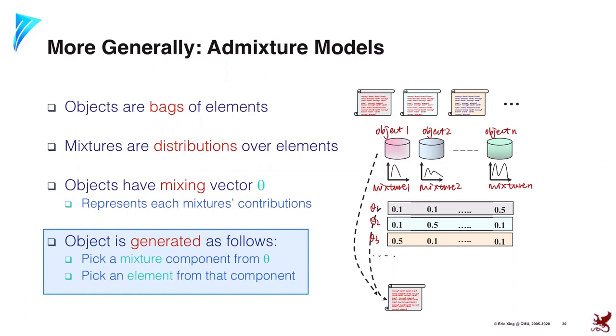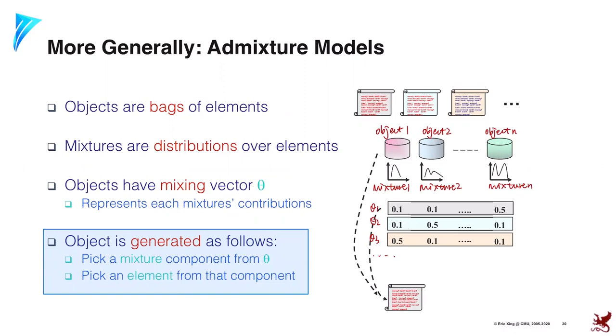When we want to generate an object, for example a document, we first pick a mixture component from this theta, and then we pick an element for that certain component.